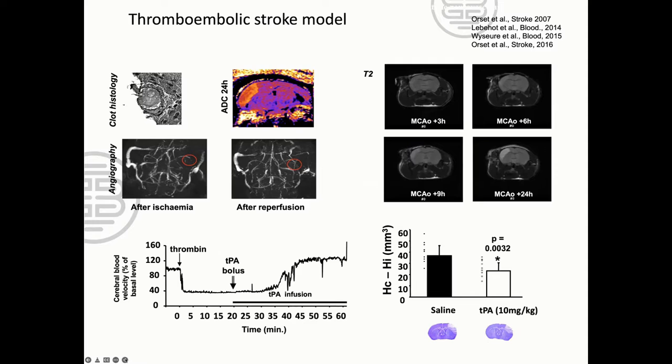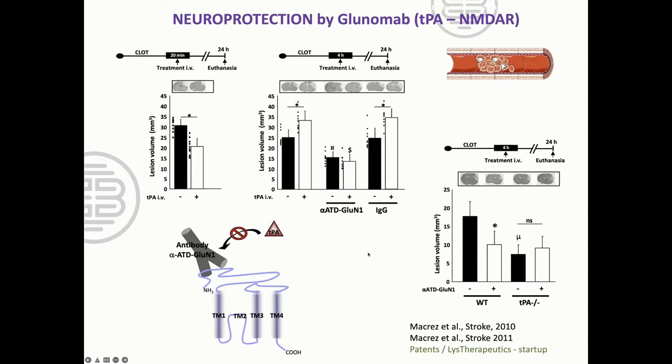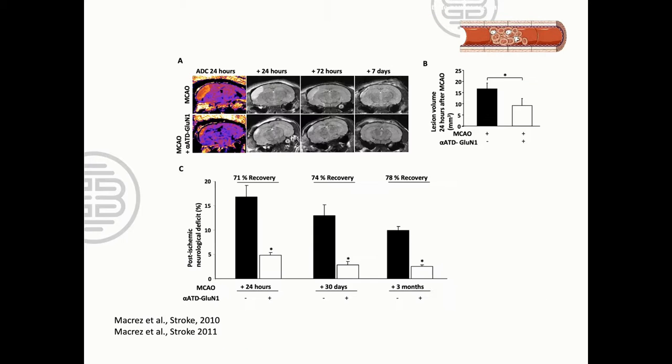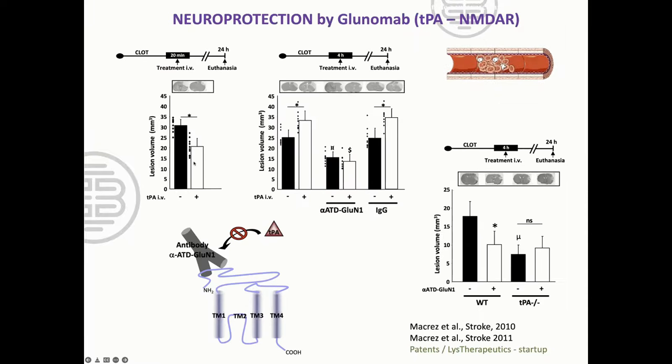So using these different models, we decide to test different strategies to protect the brain. And the first strategy that we develop is the use of glunomab. So the antibody that I showed you before, we can block this interaction of TPA with NMDA receptors. And interestingly, when we look at the lesion volume, so here it's a model of thromboembolic stroke that I showed you before.